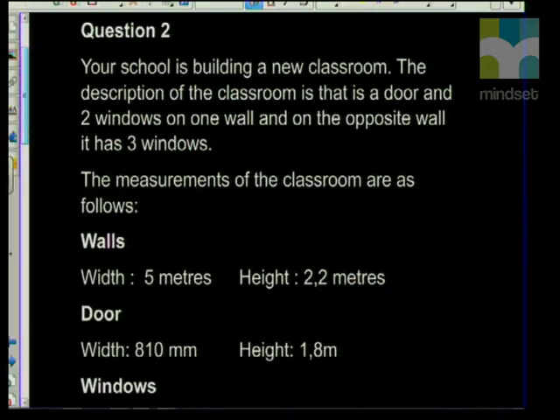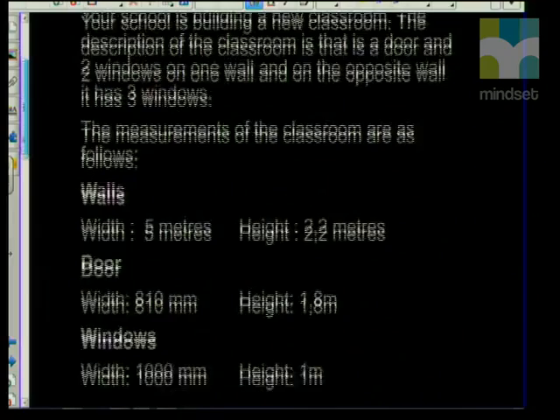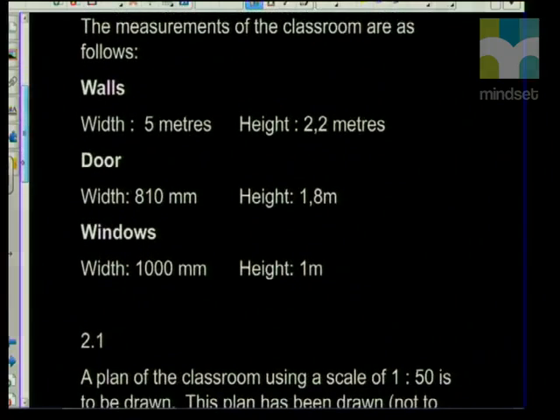Your question 2 starts off with your school is building a new classroom. The description of this classroom is that it has a door and 2 windows on one wall, and the opposite wall has 3 windows. The measurements of the classroom are as follows. The wall is the width of 5 meters. Now that would obviously include your windows and your doors.